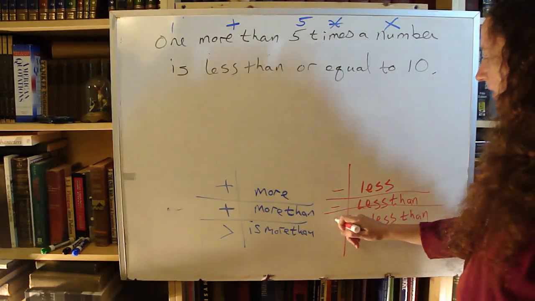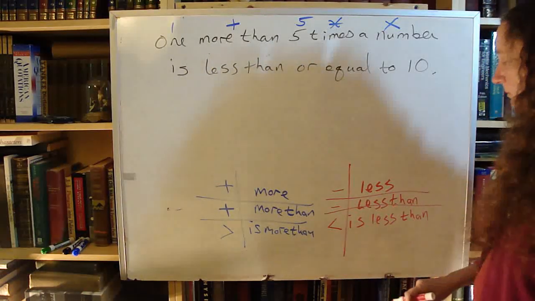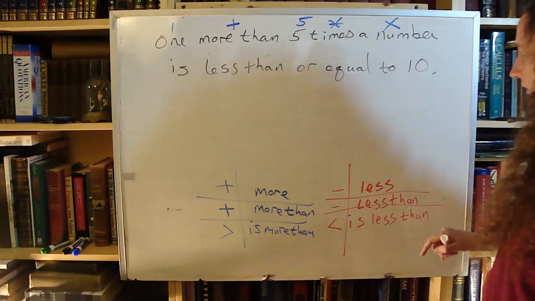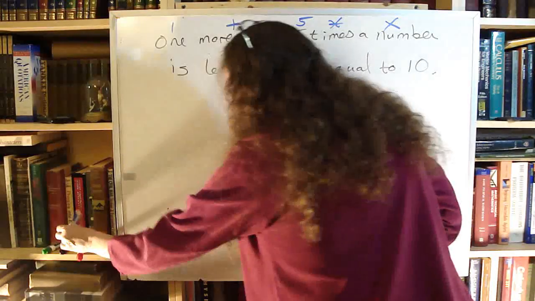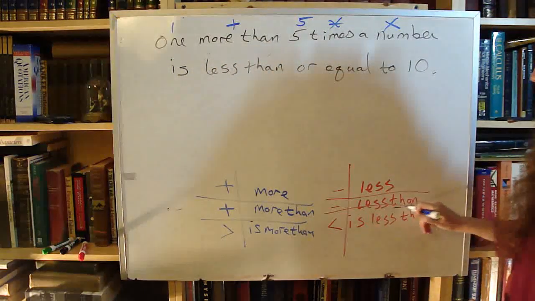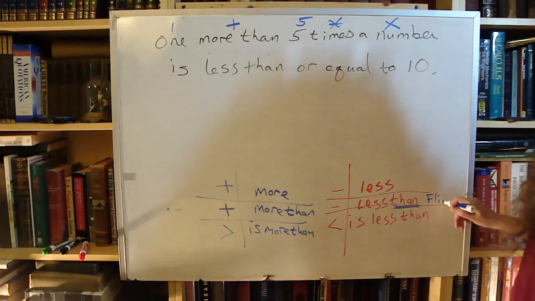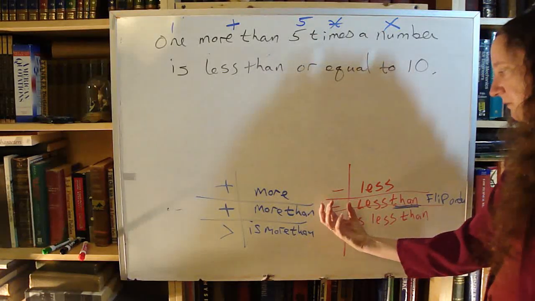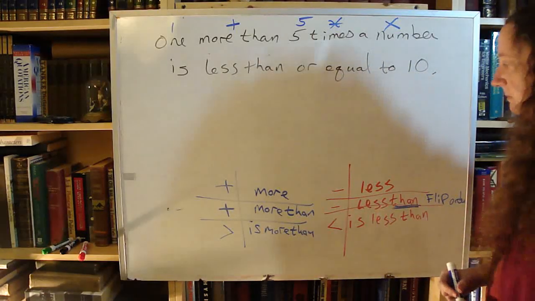And is less than is your less than symbol. Also, with less versus less than, when you have that word than in there, you need to flip the order. So what's in front of the phrase less than goes to the end of the subtraction problem.